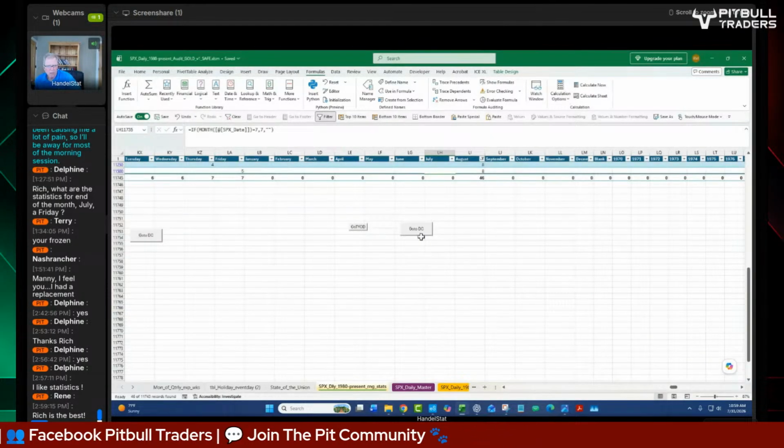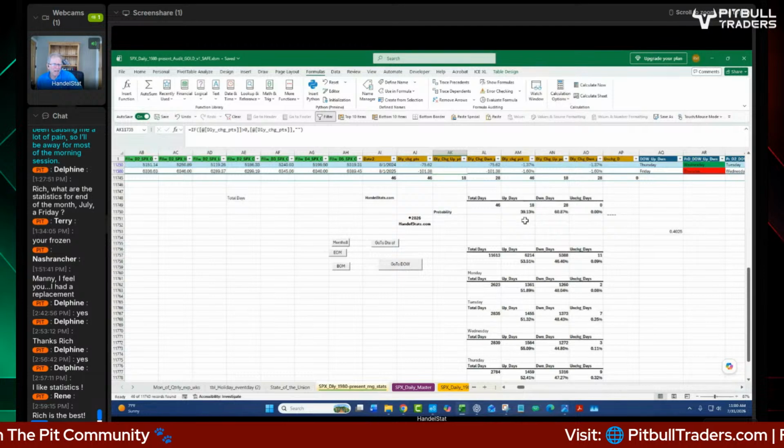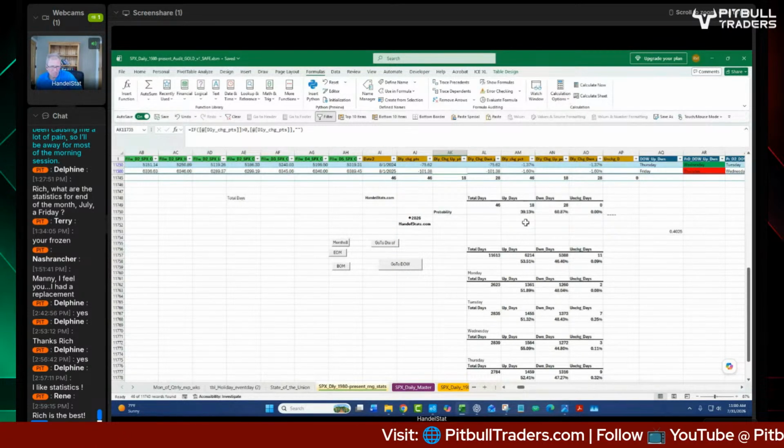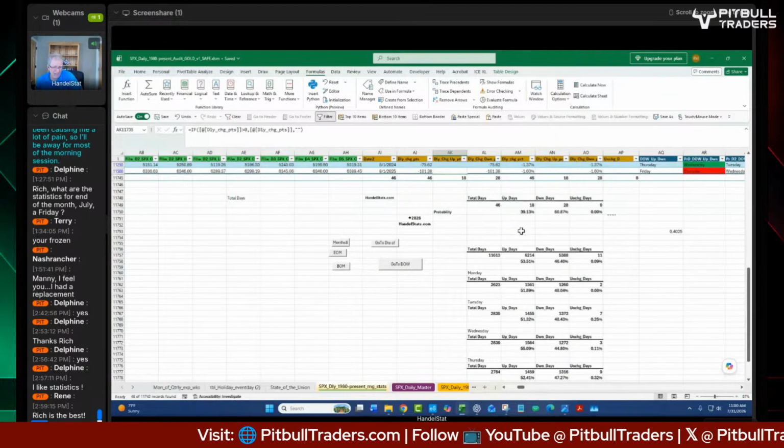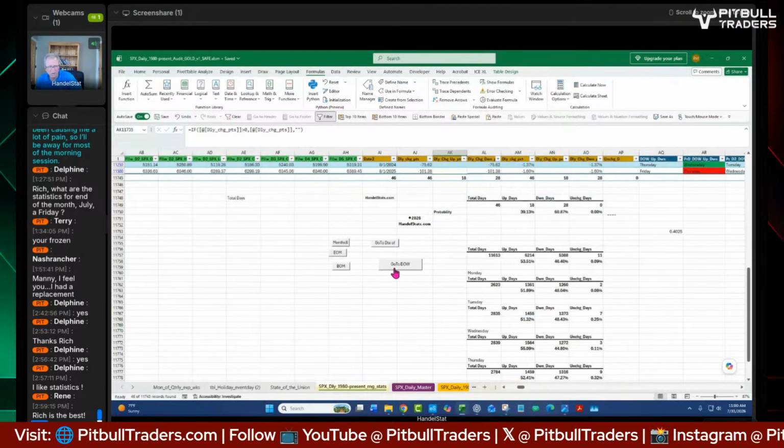There we go, 46. Go daily change. So the first trade day of August, right now, it's been down 60% of the time. That's kind of bad. Let's look and see when it's on a Monday, if that makes a difference, and then we'll look at something else.